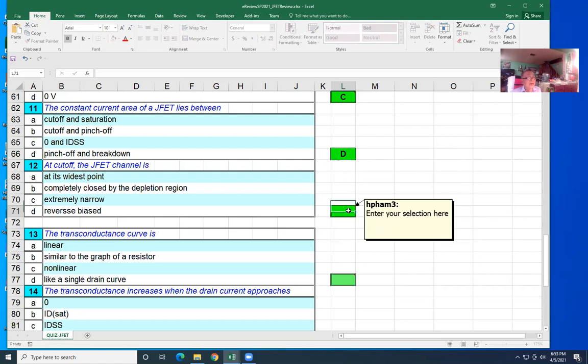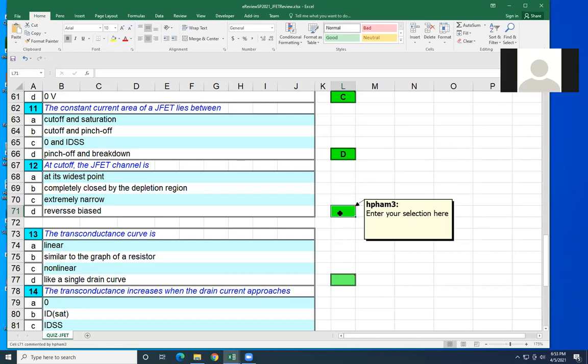Okay, next one, 12. At cutoff, the JFET channel is closed off.